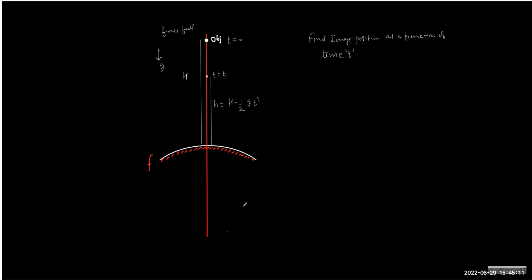You can choose, again, the light ray is coming downwards, so you can choose this as positive x-axis. That is always easy. This is the origin, and then write the values accordingly. So use the proper sign. Try and tell me the answer. Or they may ask you to find the relative velocity between the object and the image. Yeah, that's also possible.